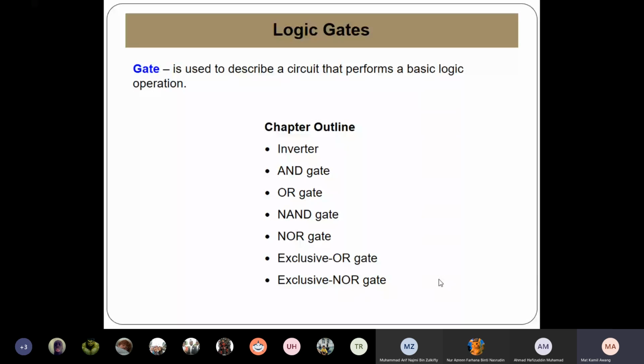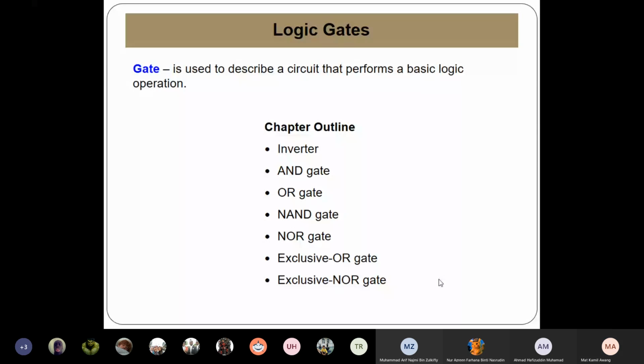Basic logic operation. So the gates that we are talking about are the inverter, AND gate, OR gate, NAND gate, NOR gate, exclusive OR, and exclusive NOR. So we have 7 gates, and we have 7 slides for this whole chapter. The inverter basically inverts from 0 to 1, 1 to 0. AND is to AND between 2 bits: 0 and 1, 1 and 0, 0 and 0, 1 and 1.